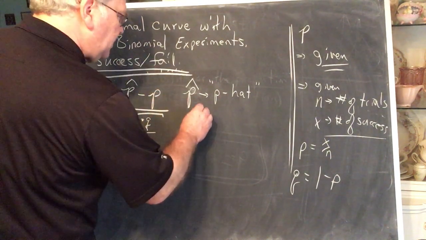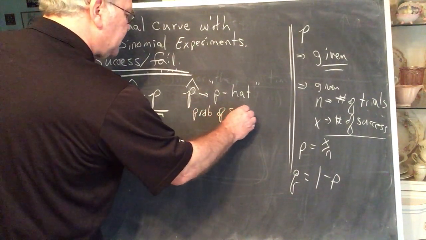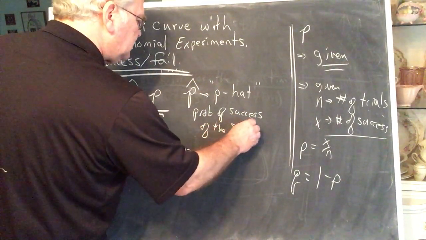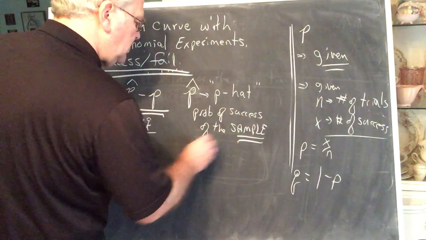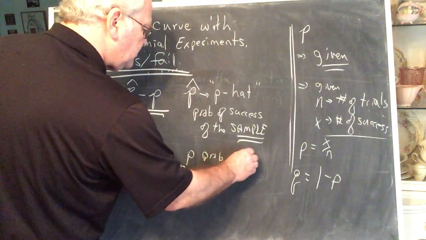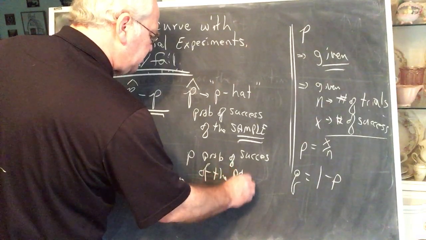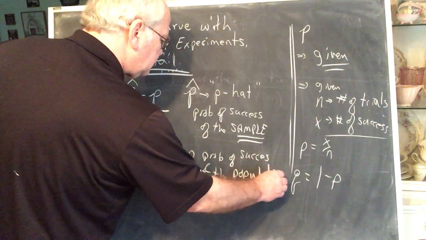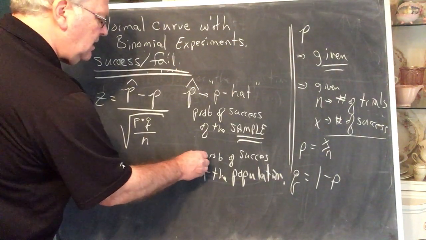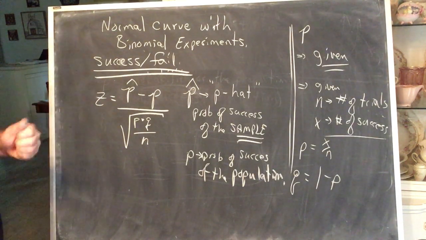P hat is the proportion of success, the probability of success, of the sample. P is the probability of success of the population. It's rather like, up until now, we've been saying the population mean is mu and the sample mean is x bar.